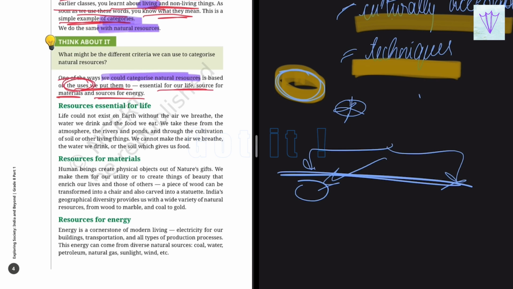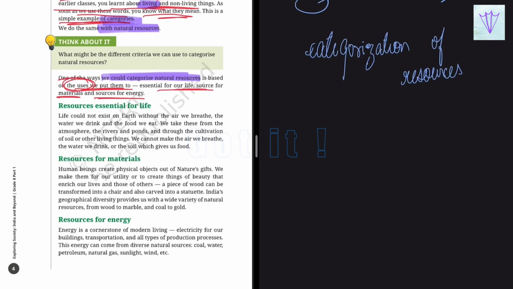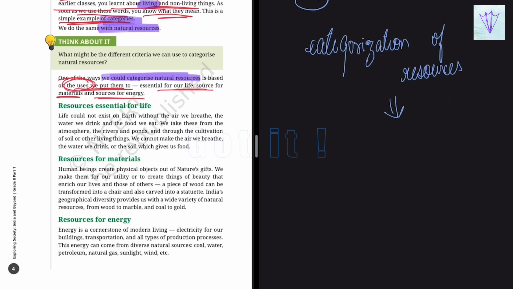How is the categorization of resources done? It is done based on their use.